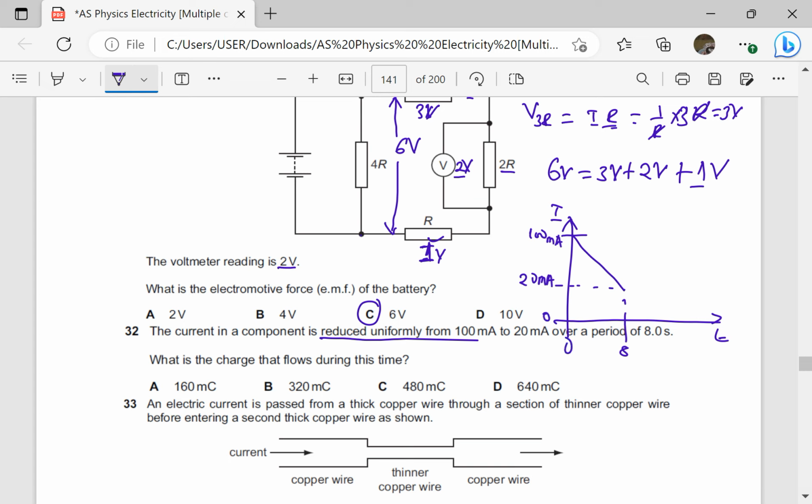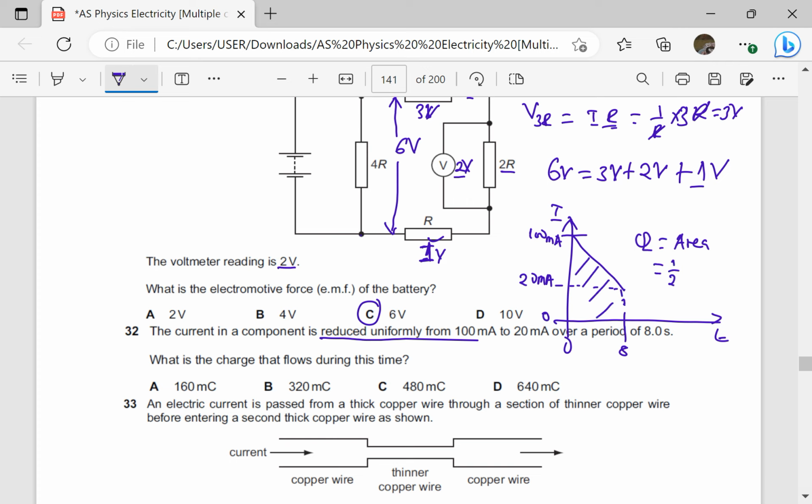So what is the charge that flows through during this time? So the average charge here, we shall find the area under the graph, and you see that is a trapezium. Although charge is supposed to be current times time, from this graph here, since the current is not constant, we shall take the area under the graph. So charge is going to be equal to the area under this graph, which is actually a trapezium. You see that this is a trapezium, so it will be a half.